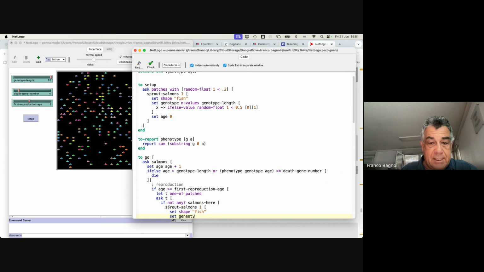set genotype mutate. So it would be genotype of myself, but instead of putting this, I prefer to let G be my genotype.